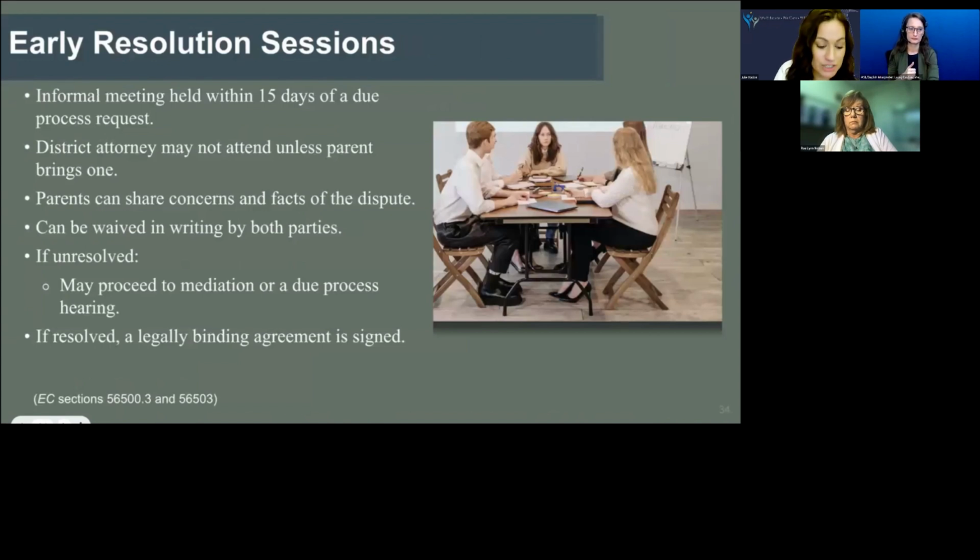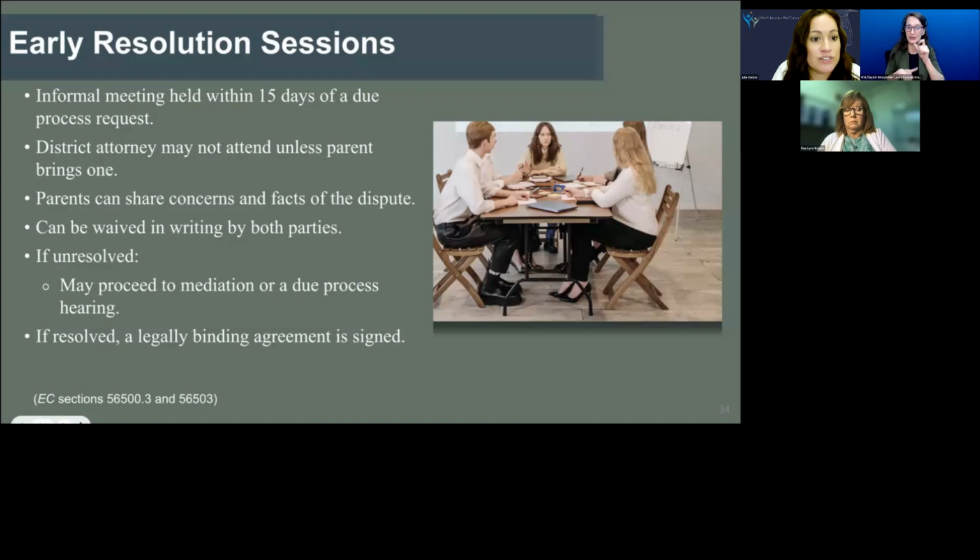Early resolution sessions. Prior to the due process hearing, the school district shall be provided the opportunity to resolve the matter by convening a resolution session. A resolution session is an informal meeting between the parents and the district convened within 15 days of receiving the notice of the parent's due process hearing request. The district attorney may not attend unless the parent brings one.